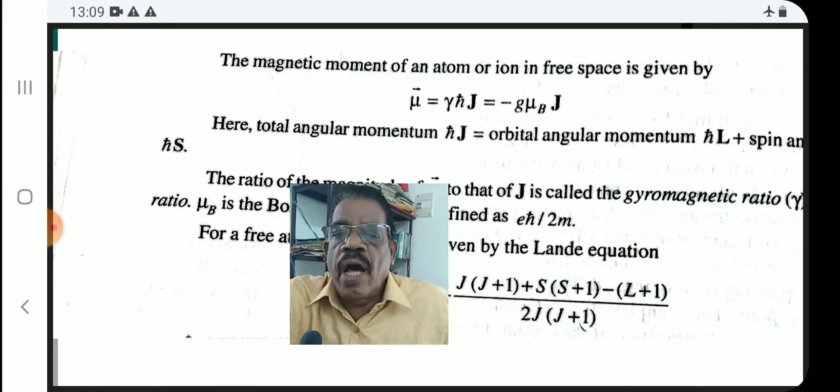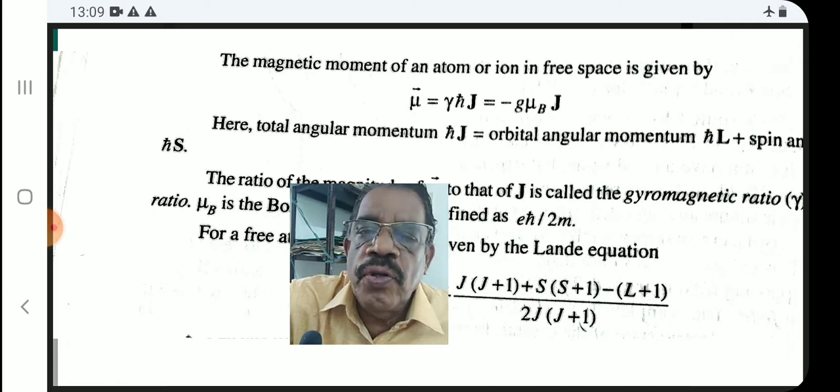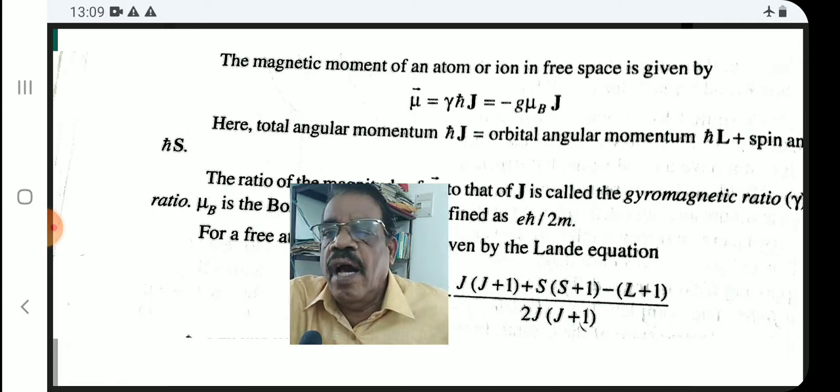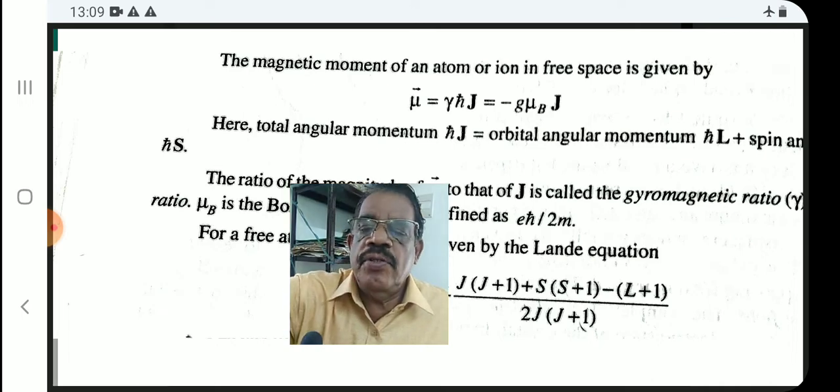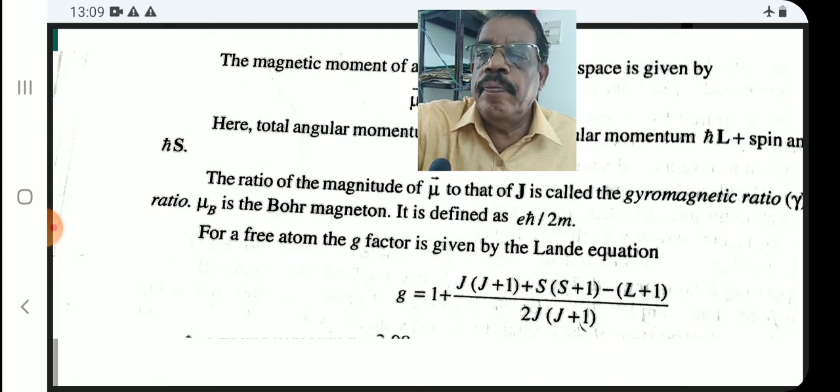The total angular momentum is h j, and it is equal to the sum of h L and h s, where h L is the orbital angular momentum and h s is the spin angular momentum.